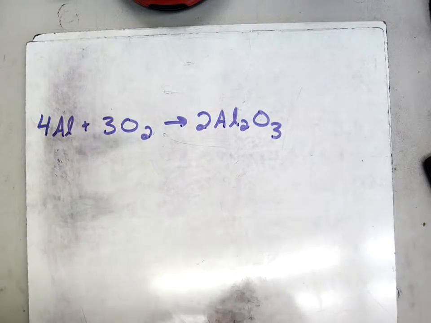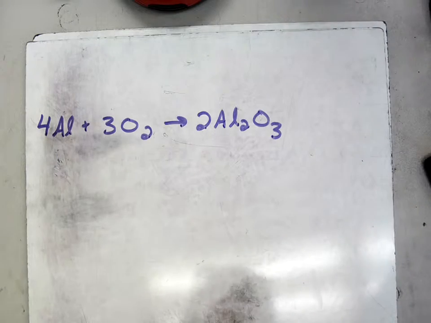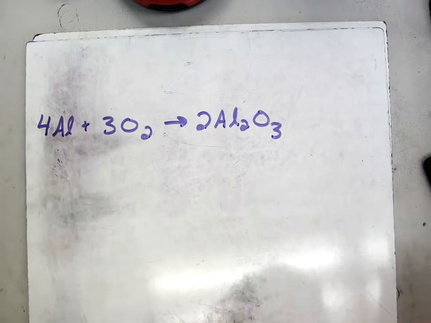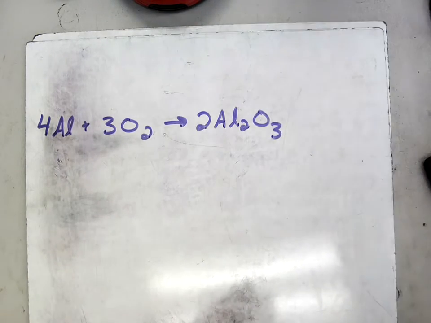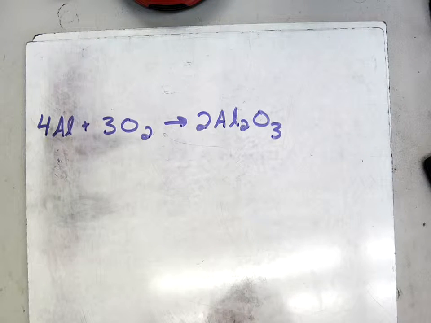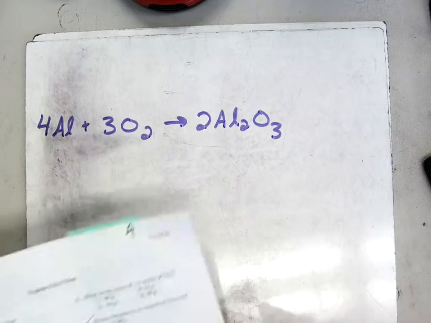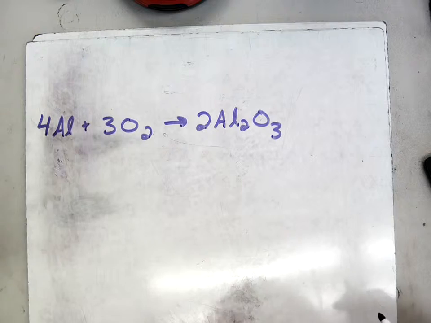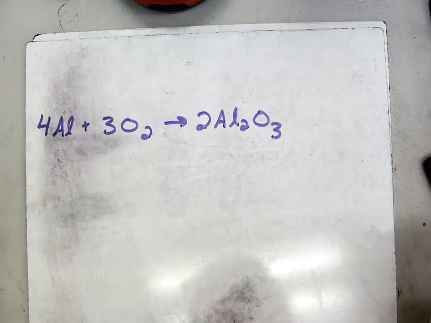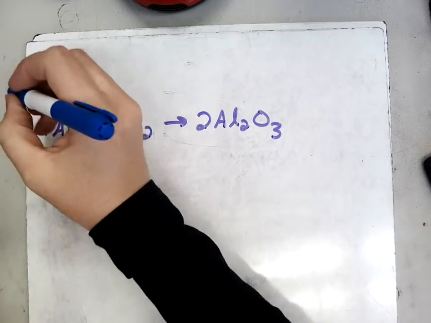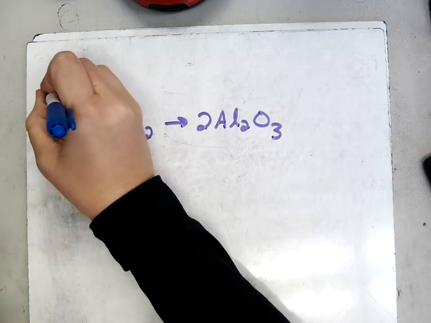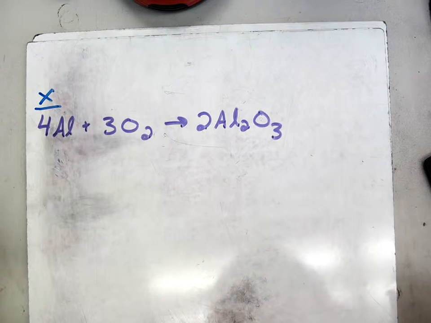So when you hear them ask for something, decide where to put an x. When you hear them tell you a certain number of moles, decide where you're going to put that number. It's all about the coefficients. So how many moles of aluminum react completely to produce 3 moles of Al2O3?